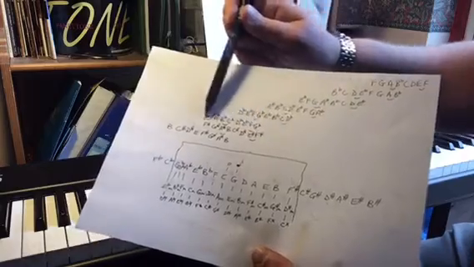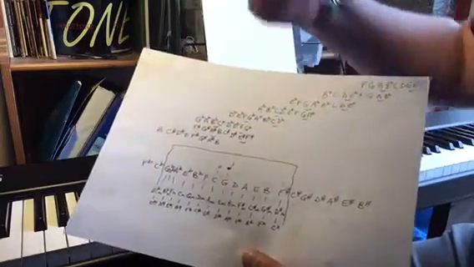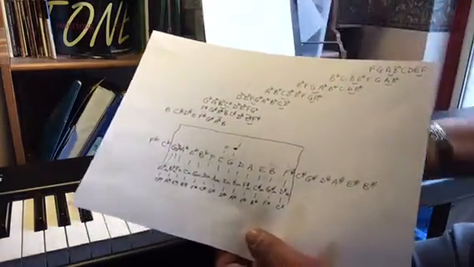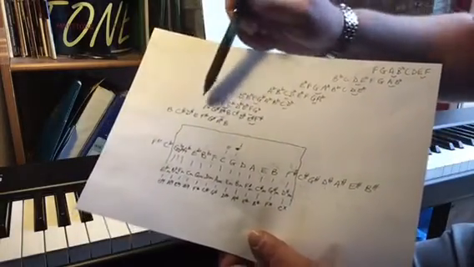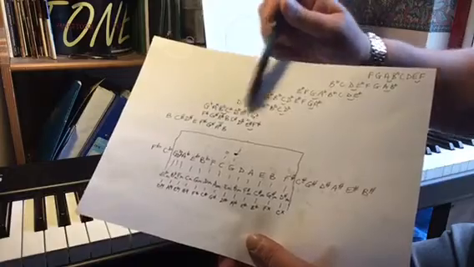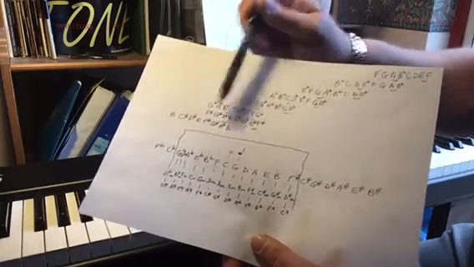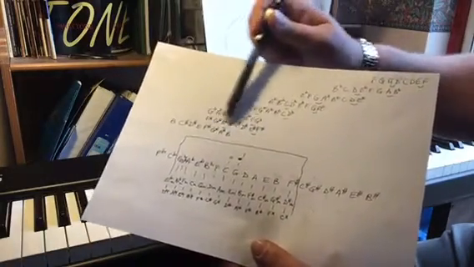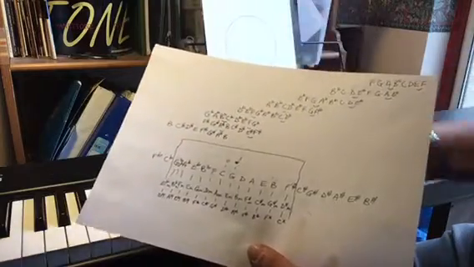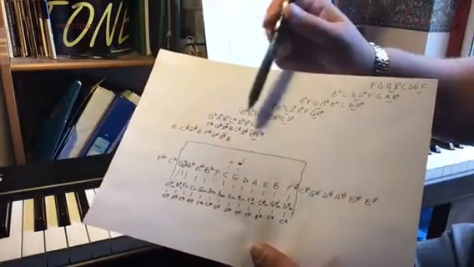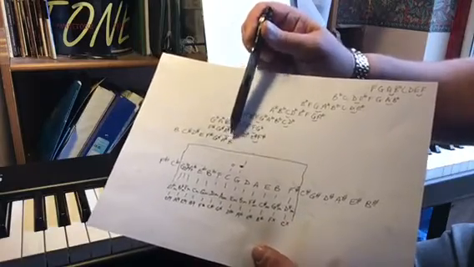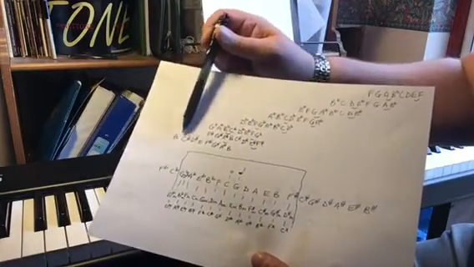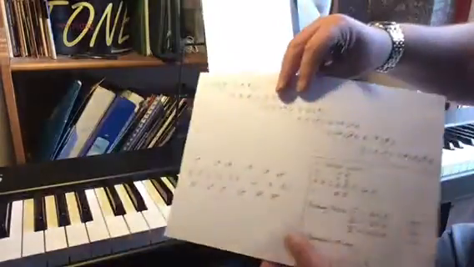Now, rather than keep going to the next flat and the next flat in our circle of fifths, that doesn't happen. G flat and F sharp obviously are the same note. Their scales are the same scales, and the first half of F sharp major gives us the ending of B major scale. As I say, we've now gone full circle.